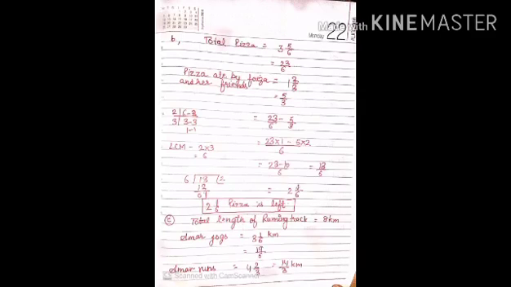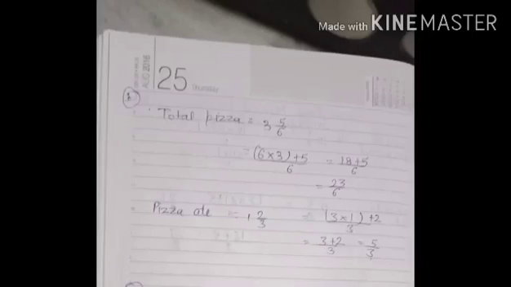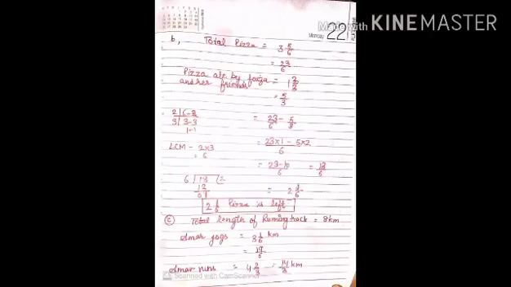As it is given as a mixed fraction, firstly we convert it into an improper fraction: 6 threes are 18, and after we add the numerator, that is 23/6. Now the pizza eaten by Faiza and her friends is 1 2/3. We also convert it into an improper fraction, which is equal to 5/3.